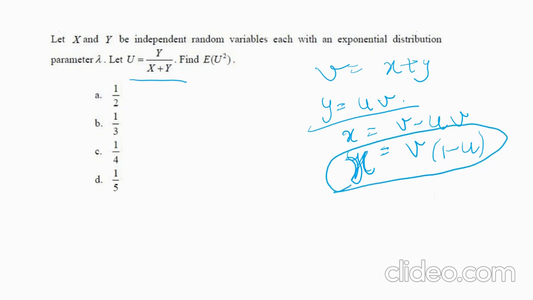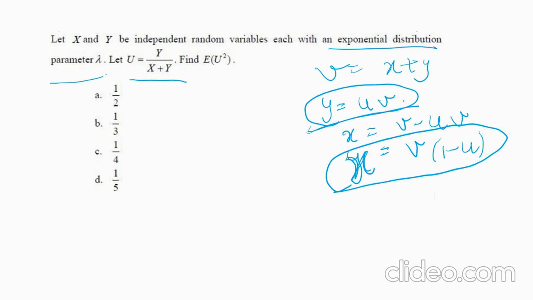Now, as you can see, what we did here is that we have converted x and y in terms of different variables, and then we will convert this f of x, y also. This f of x, y is an exponential distribution with parameter lambda.